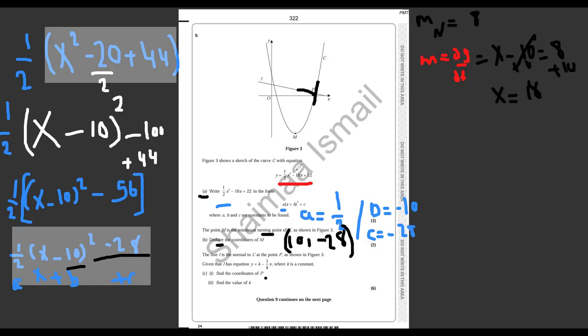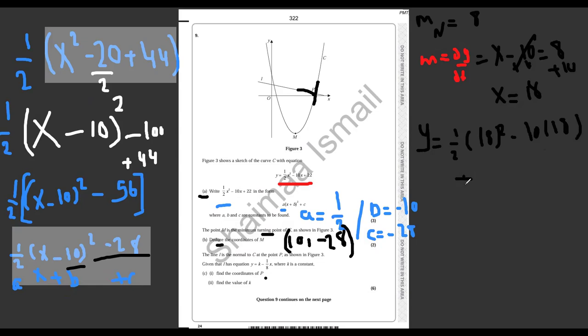So x equals 18. By substituting, y will be equal to half of 18 squared minus 10 times 18.